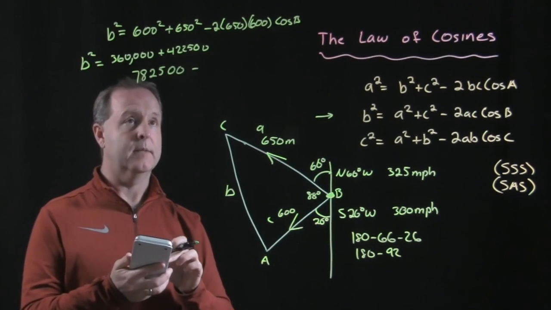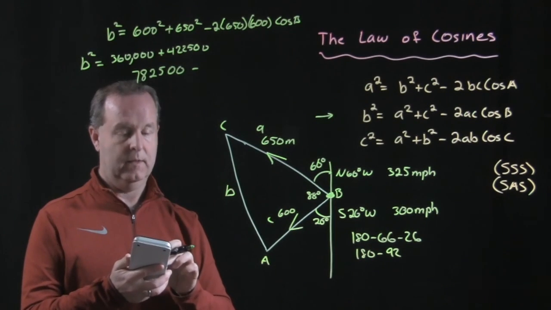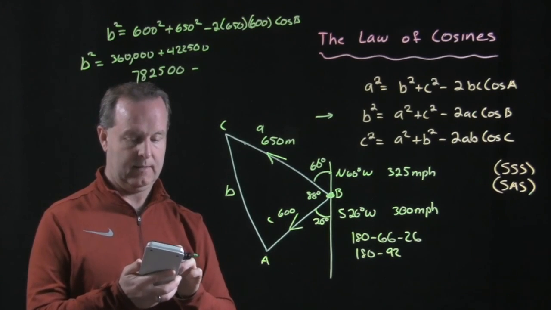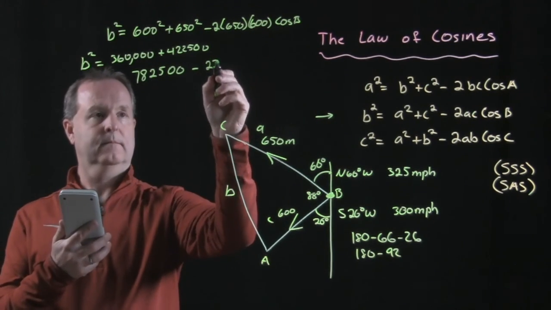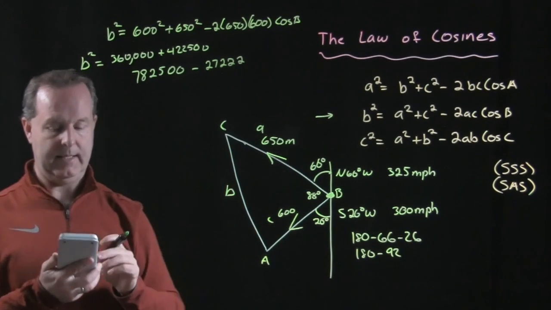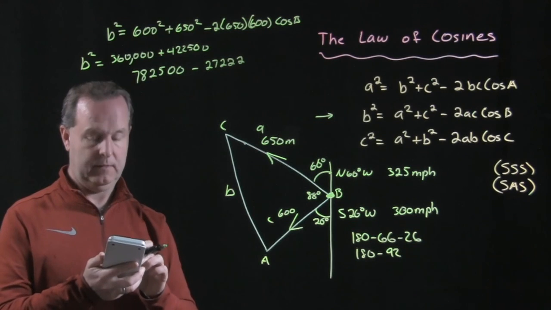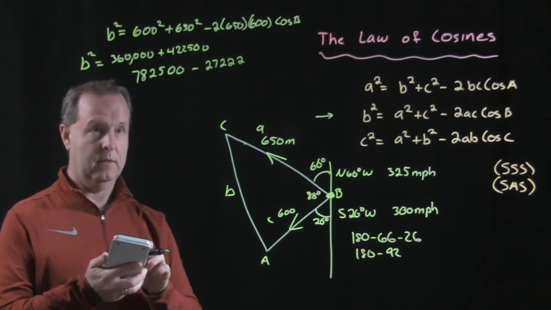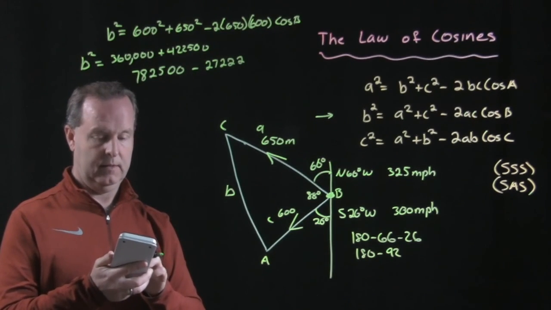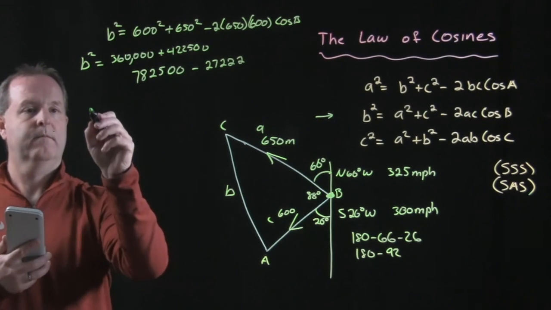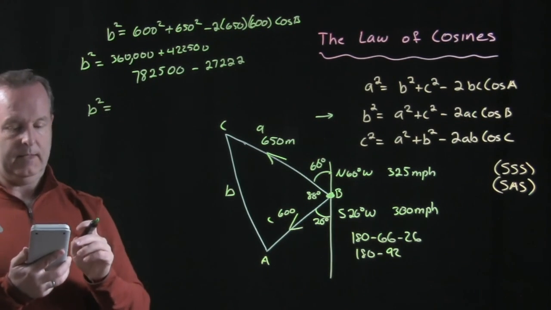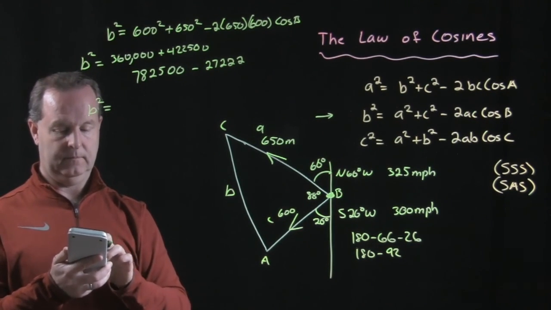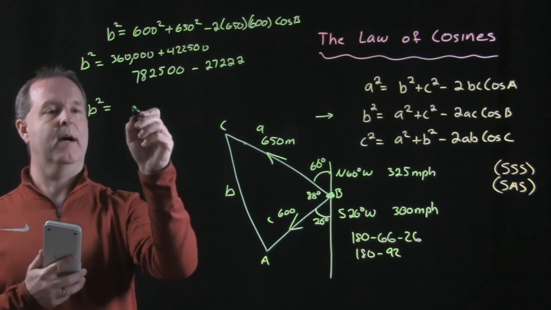Two times 650 times 600 times the cosine of B, which is 88, approximately. So those two numbers together, 782,500 minus 27,222. And then taking the square root of that, approximately 869 miles.